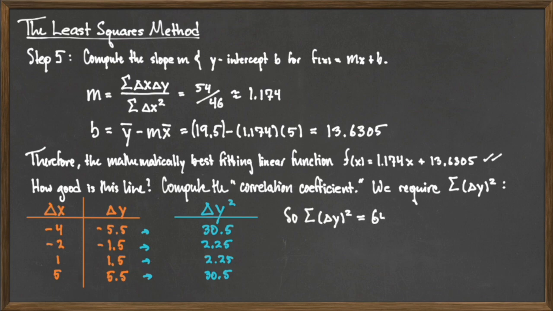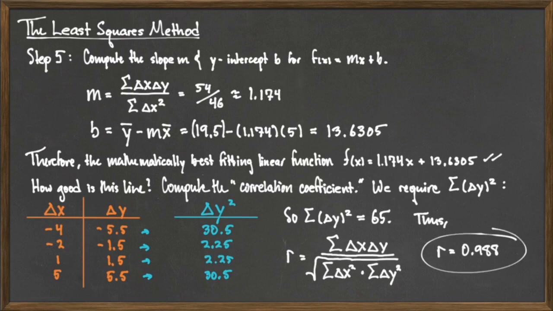Then we are going to compute the correlation coefficient, typically denoted by lowercase r, and it's going to be given by the formula, the sum of delta x times delta y, all divided by the square root of the sum of delta x squareds times the sum of delta y squareds. Again, we have all these values, and now we have the new sum of delta y squareds, and we throw all these values together into our correlation coefficient formula, we're going to get a value of 0.988.